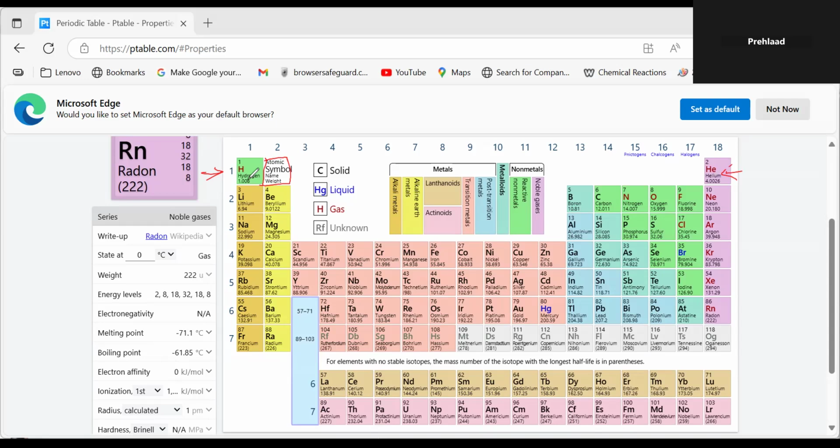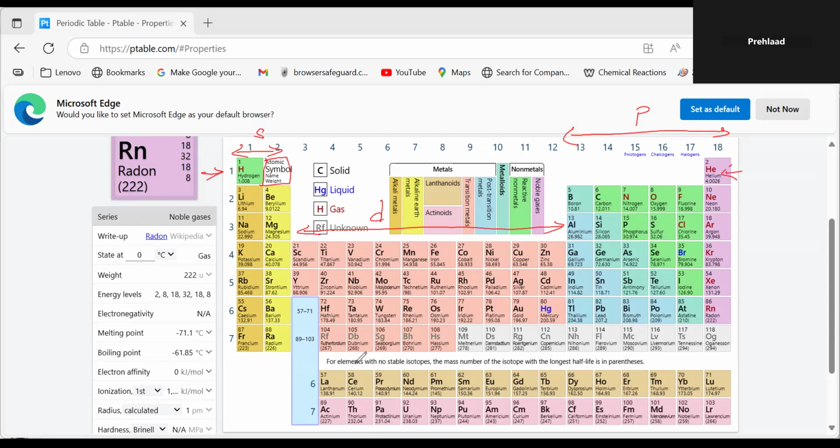So what I was trying to tell you is that these two groups are the s orbitals. Groups 13 to 18 are the p orbitals. Groups 3 to 12 represent the d orbitals.